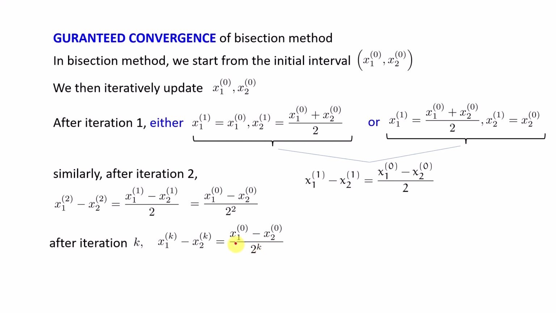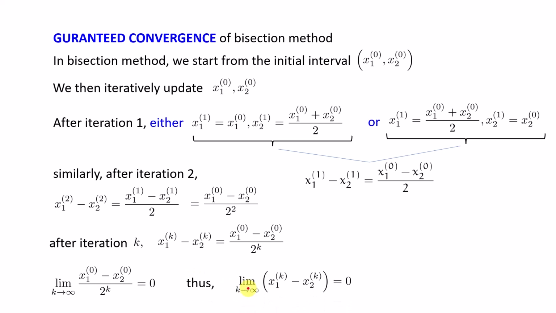which means for a large value of k, the difference between x1 and x2 will be very, very small. In other words, as k tends to infinity, their difference will be 0. If I have infinite iterations, x1 and x2 will fall exactly over one another. We are not going through infinite iterations, but increasing the value of k gives us a closer and closer range of x1, x2.